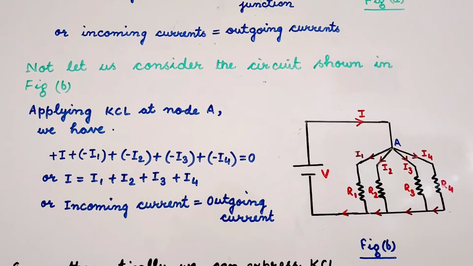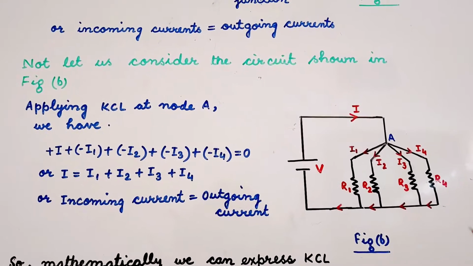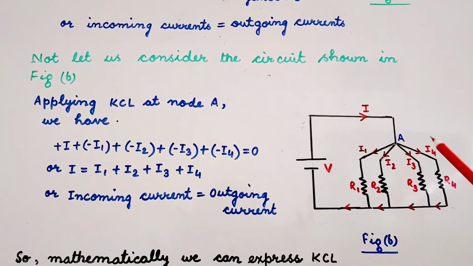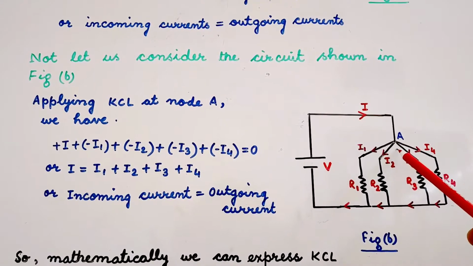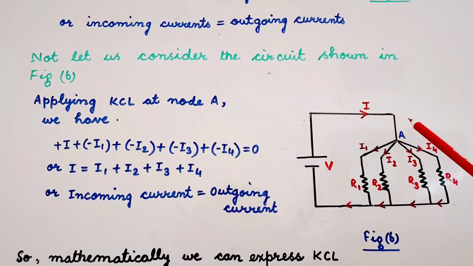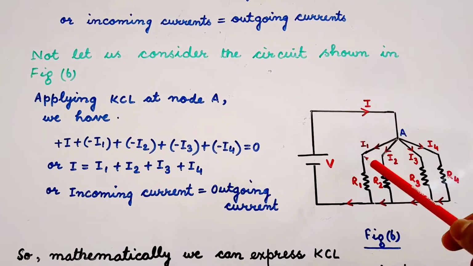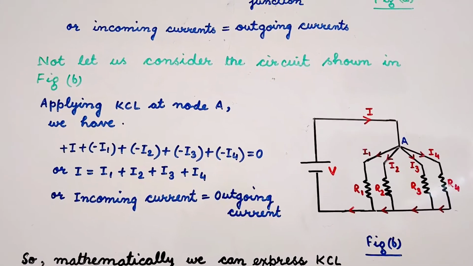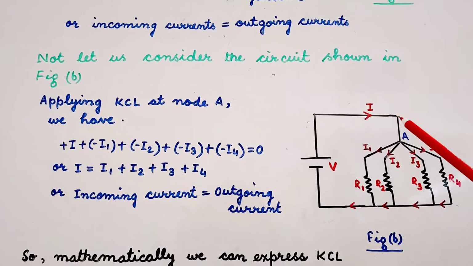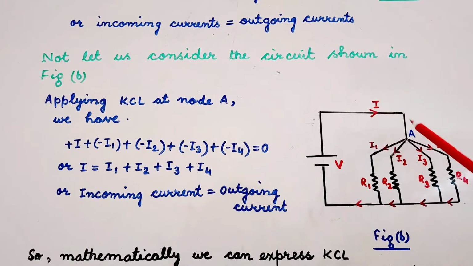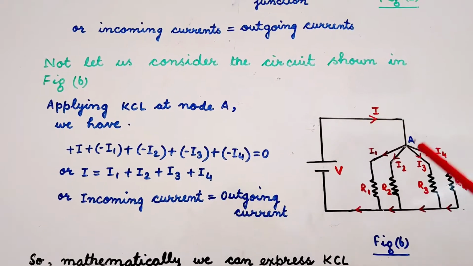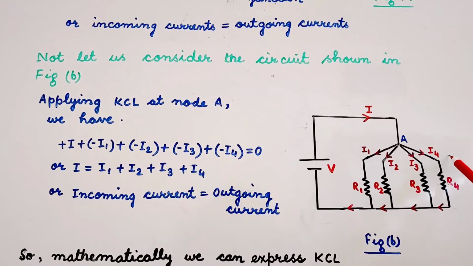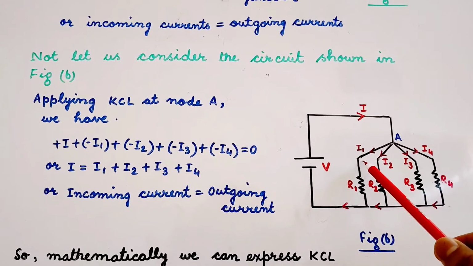If we apply Kirchhoff's current law at the node A to this circuit, then we can write plus I minus I1 minus I2 minus I3 minus I4 is equal to 0, because we have assumed that the current which enters the node is positive, and these currents are going away from the node, so they will be negative.